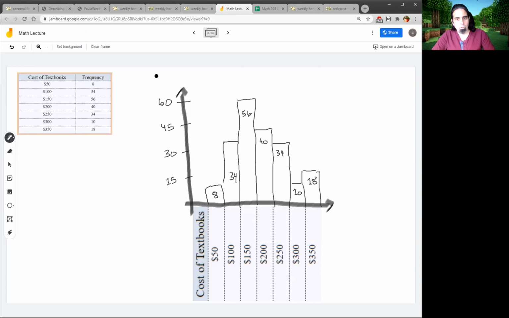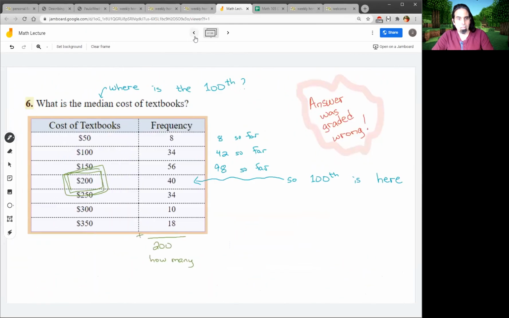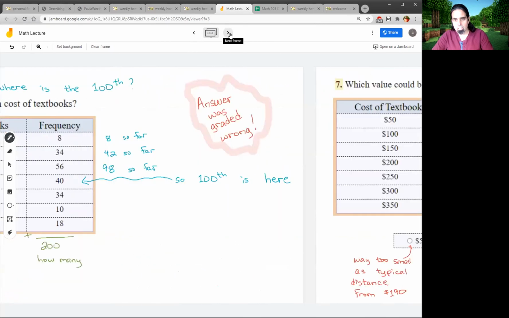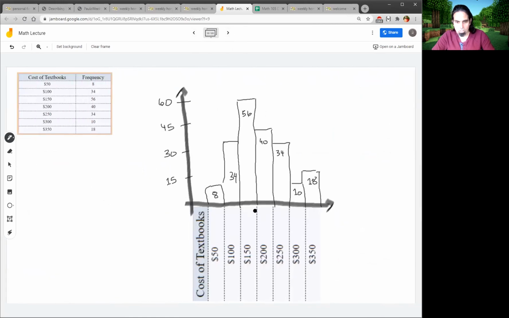And we had found in an earlier homework problem that the mean was 190. So I can take my picture and draw that at 190. So if 200 is here, 190 is going to be between the 150s and the 200s, right? So that's my mean.